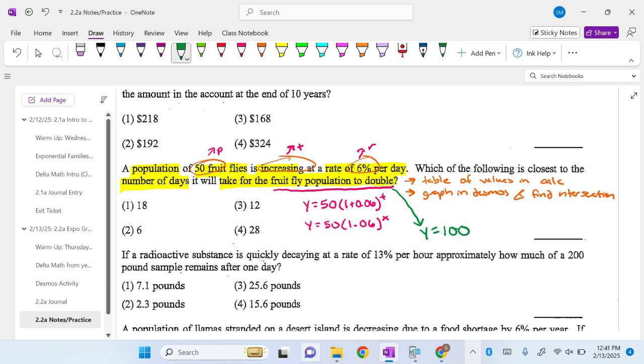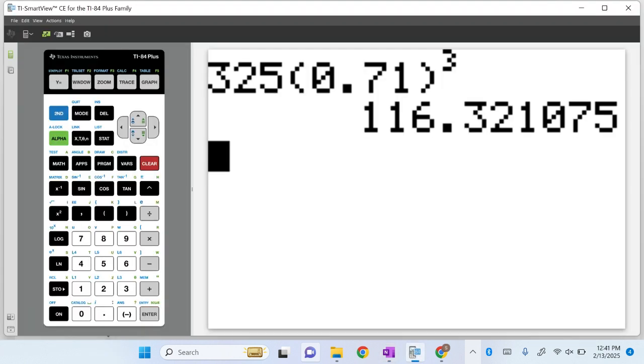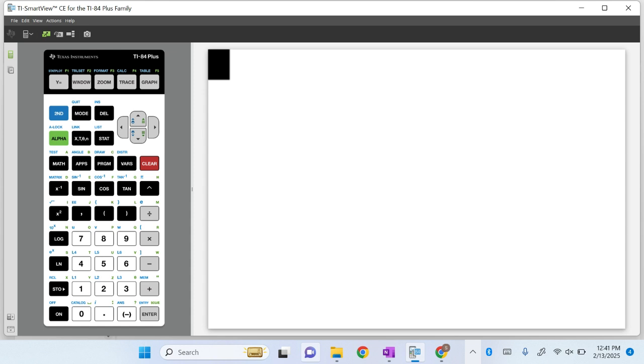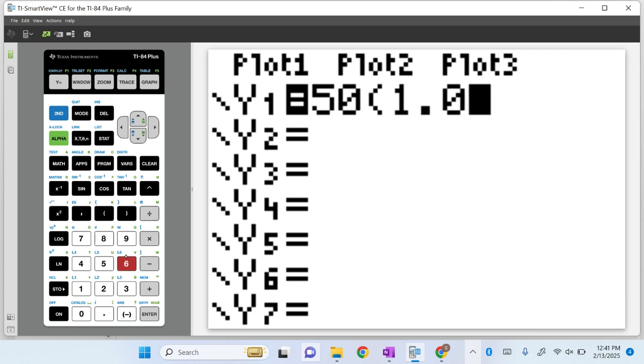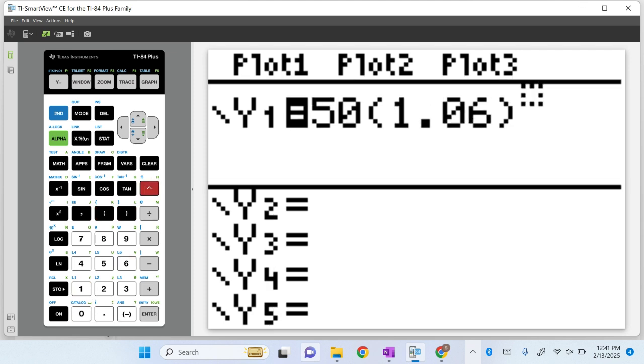Now, the first way you can do this is in your TI, you can make a table and look at that table. So in your TI-84, you would hit y equals at the very top left corner and type in the equation that we just came up with. So 50 times 1.06 all raised to, and then your variable key x is right to the left.